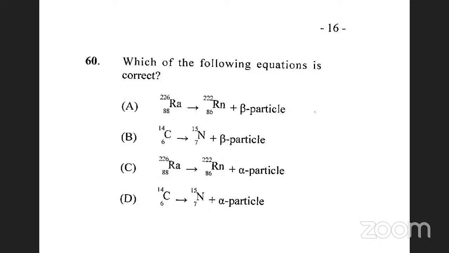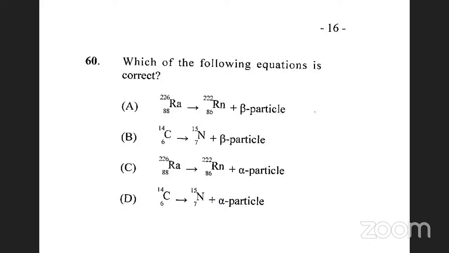Is A correct? When you lose a beta, the atomic number changes, the mass number does not.